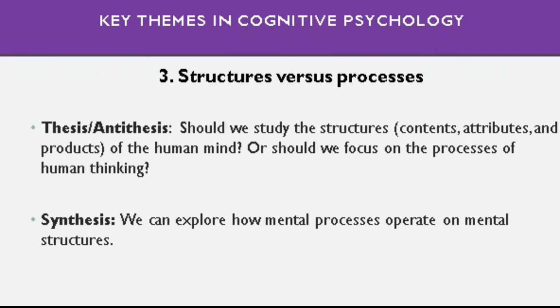Kailangan ba natin mag-focus in line to cognitive psychology sa structure ng brain, na kung mas maliit ba ang brain niya, ganito ba siya mag-isip, the cognition of an individual, or should we focus na kung paano siya mag-isip, not just by seeing the structure or the sizes of the brain of an individual. So the synthesis or the conclusion for that is we can explore how mental processes operate on mental structures.